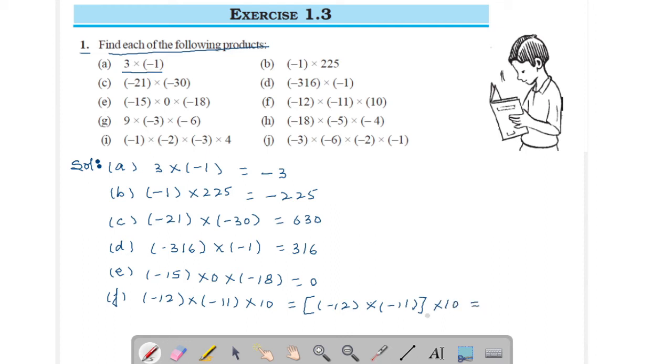Equal to, if you multiply minus 12 into minus 11, minus minus plus, 12 into 11, you will get 132. 132 into 10. And if you multiply 132 into 10, you will get 1320. This is your answer.